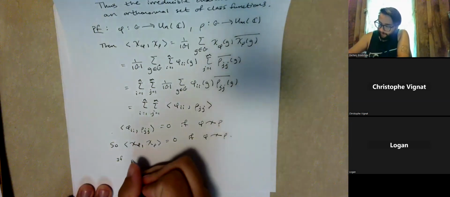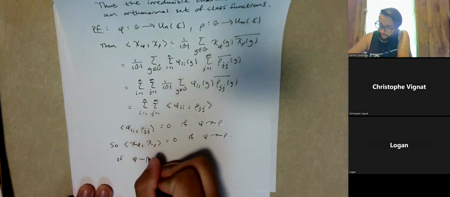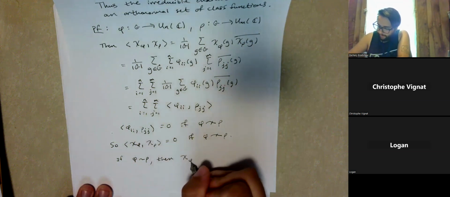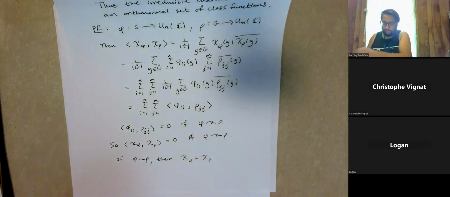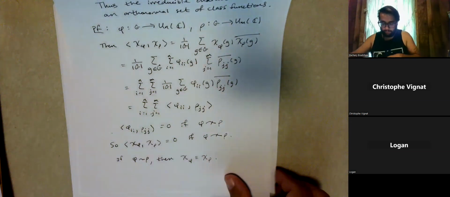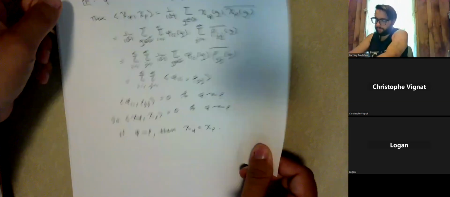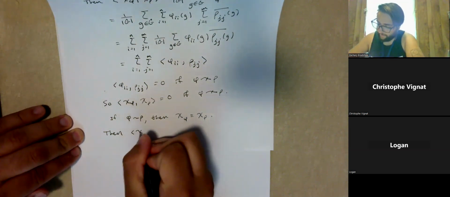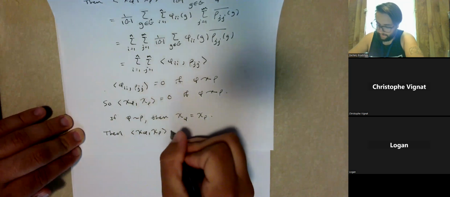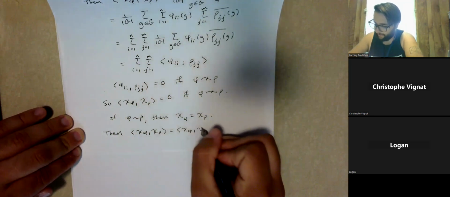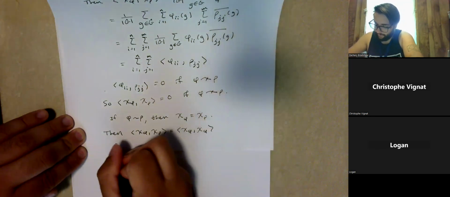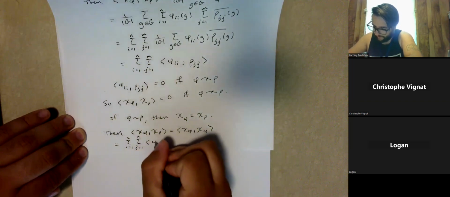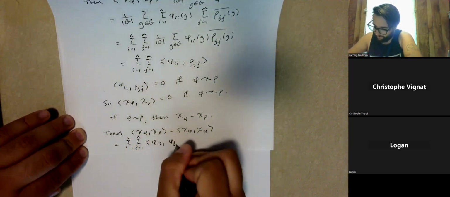So on the other hand, if phi is equivalent to rho, then chi_phi is equal to chi_rho. So we proved that earlier. Well, then that means that the inner product of chi_phi with chi_rho is just chi_phi's inner product with itself, which is the sum, i equals 1 to n, sum from j equals 1 to n of the inner product of phi_i, phi_j.